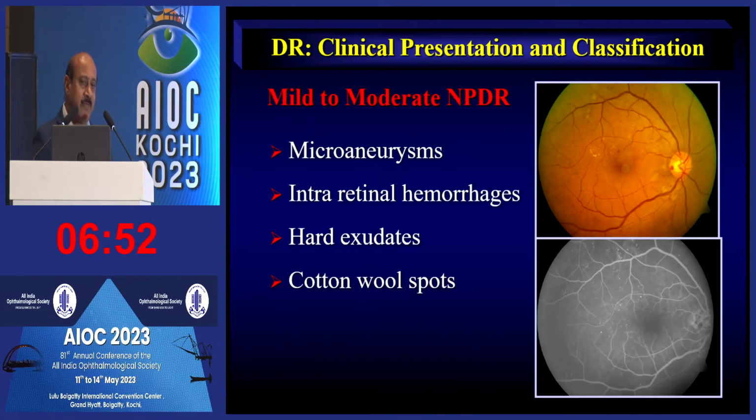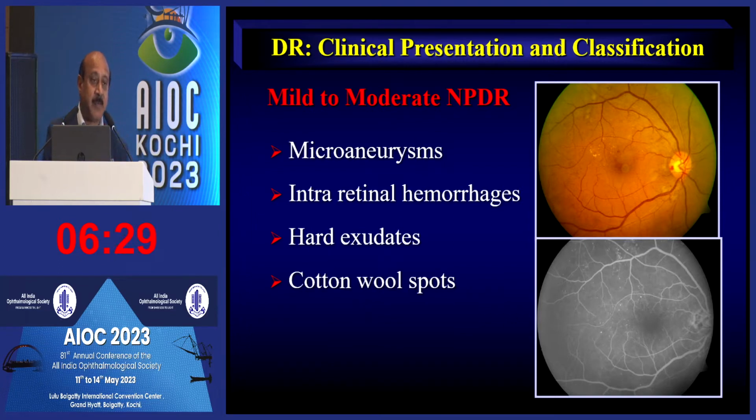Whenever you are dealing with diabetic retinopathy, there are a few signs you should always look for. One classic sign is microaneurysm, which is the earliest sign. Though the vascular changes are described in the textbook as the earliest diabetic retinopathy signs, probably in the clinic you may not be able to identify them.